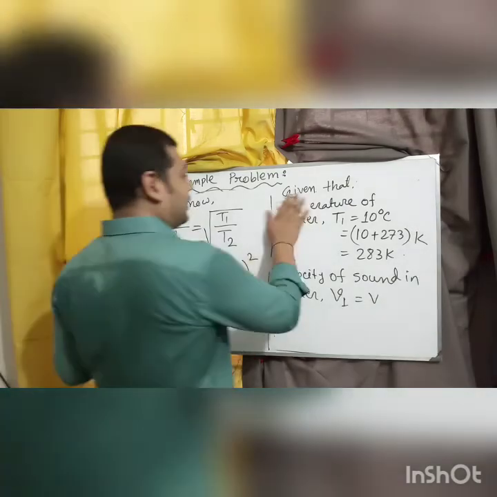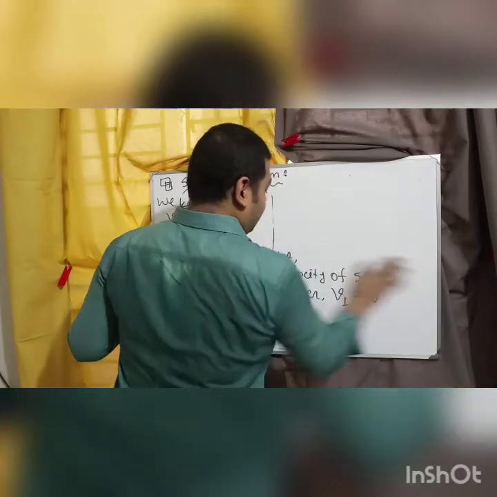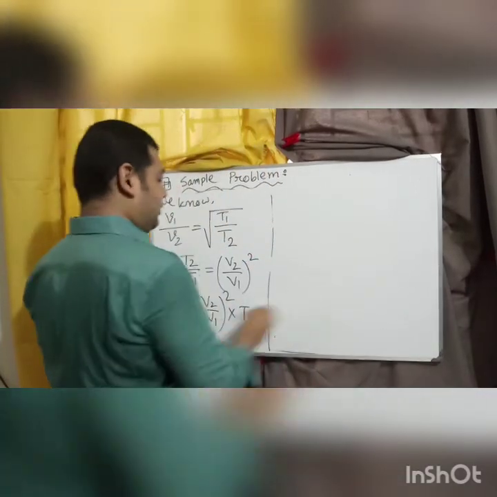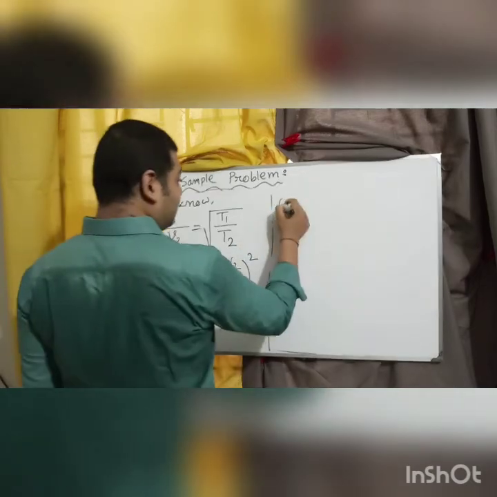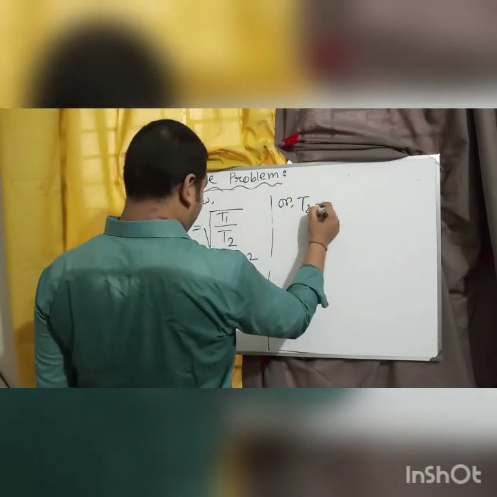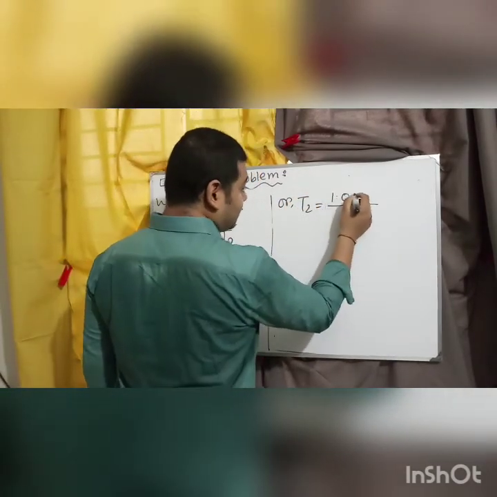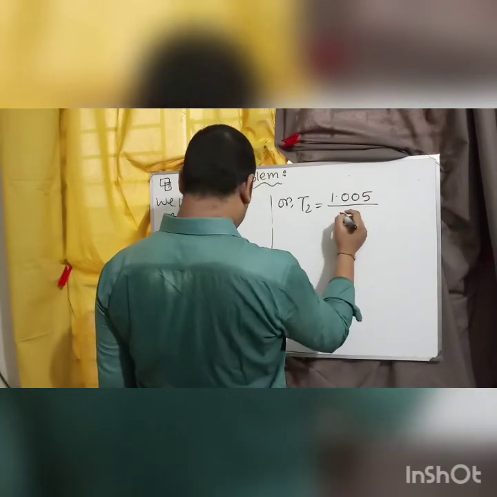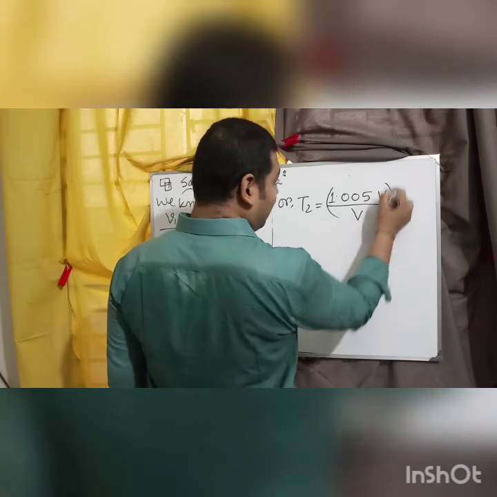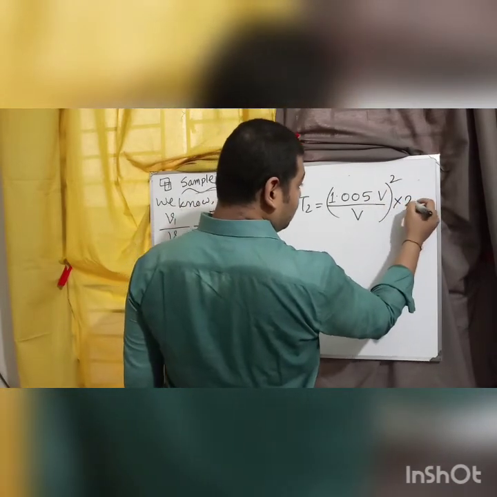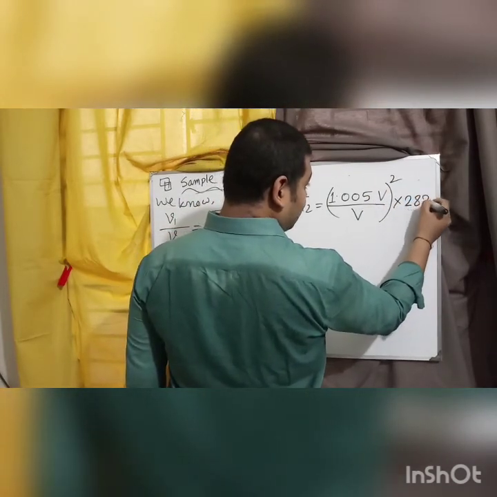Then putting the value of velocity and temperature, we can write T2 equal to 1.005 V divided by V whole square into 283.